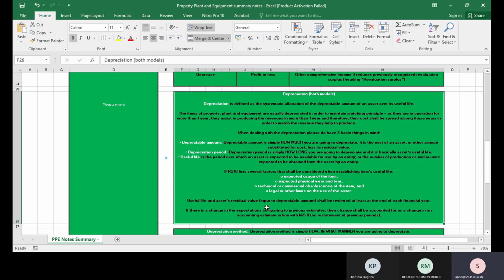And to be honest, management must be able to provide evidence of these reviews. The reason I'm saying that is because you can get an audit question, where they ask you to give procedures that you will perform to make sure that management actually reviewed the useful life and assessed residual values. But I'm going to leave that topic for another day.